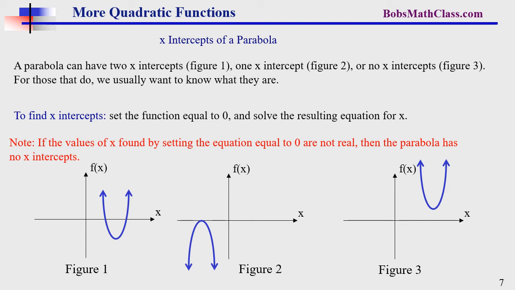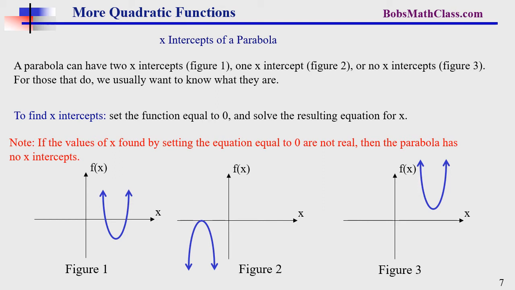To find x-intercepts, you set the function equal to 0 and solve the resulting equation for x. So in figure 1, we would get two solutions. In figure 2, we would get one solution. And in figure 3, we would get no solution.